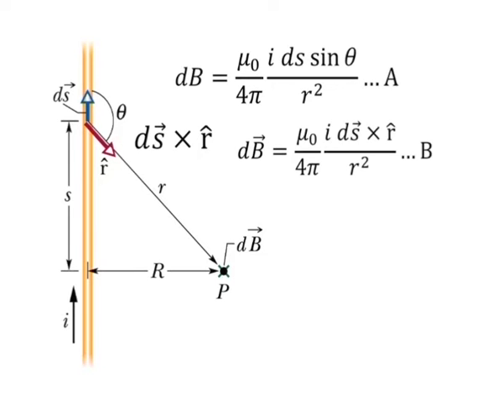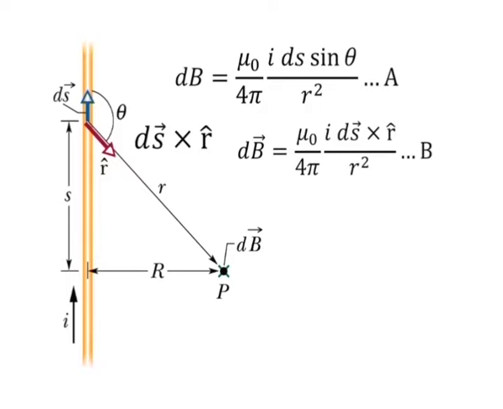Then by equation B, the magnetic field produced at P by this current length element has the same magnitude and direction as that from the element I ds. Further, the magnetic field produced by the lower half of the wire is exactly the same as that produced by the upper half.